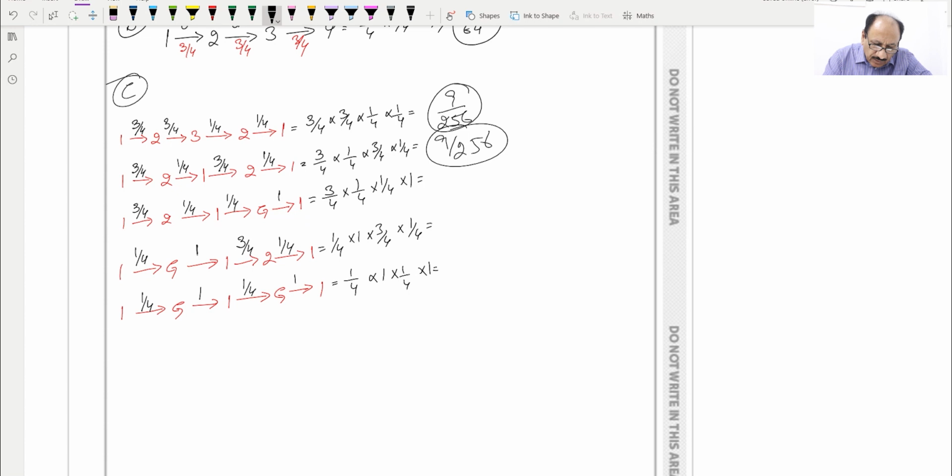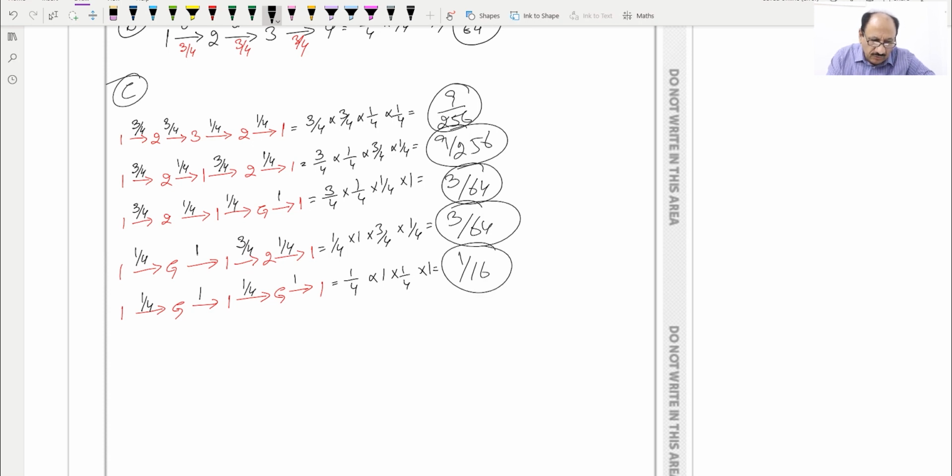And then the third one is 3 over 64, and the fourth one will be 3 over 64, and this last one will be 1 over 16.